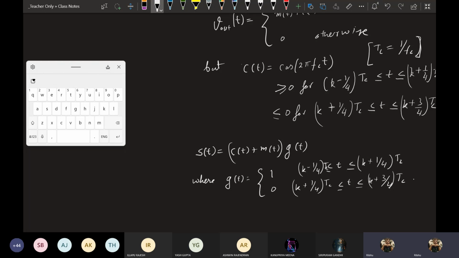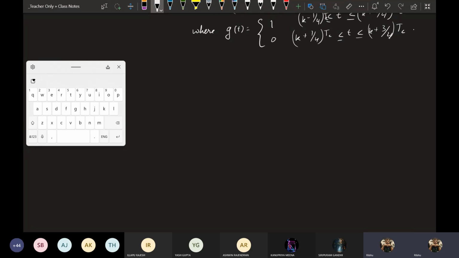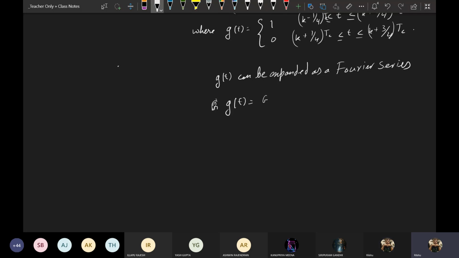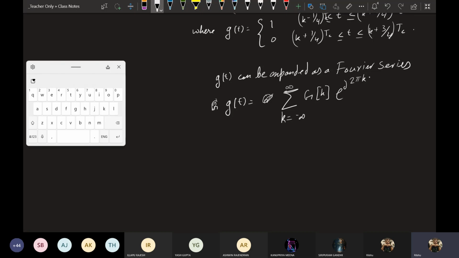So now with this in hand, I can write g(t) can be expanded as a Fourier series. g(t) equals the sum over k from minus infinity to infinity of g_k e^(j2πkt/Tc).